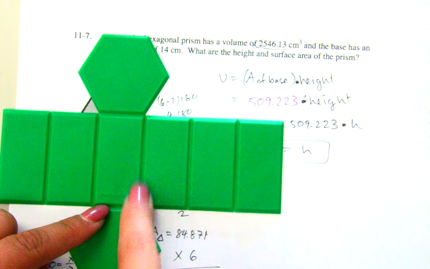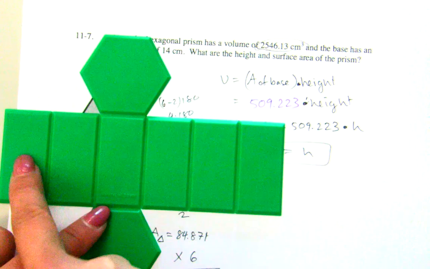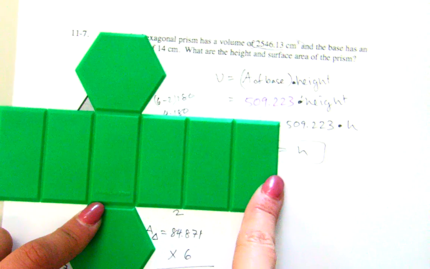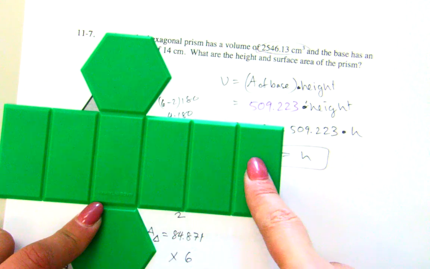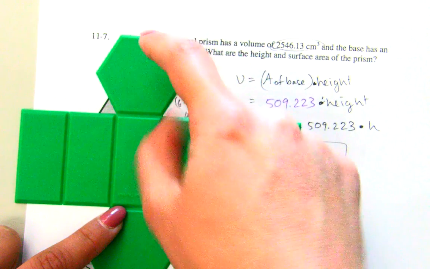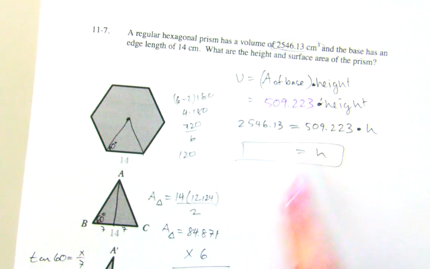Multiply by 6 and add that to your 2 hexagons, and you should be fine with your surface area. Please don't forget that your surface area is in units squared. So in case we have centimeters here, your surface area is going to be centimeters squared.